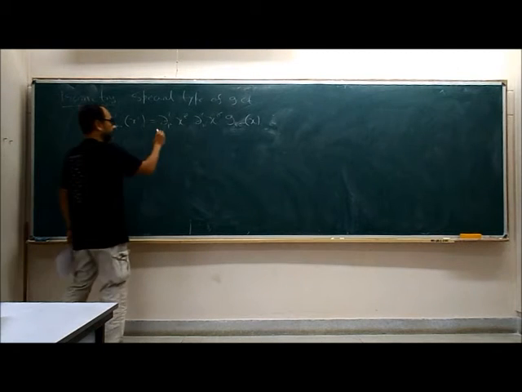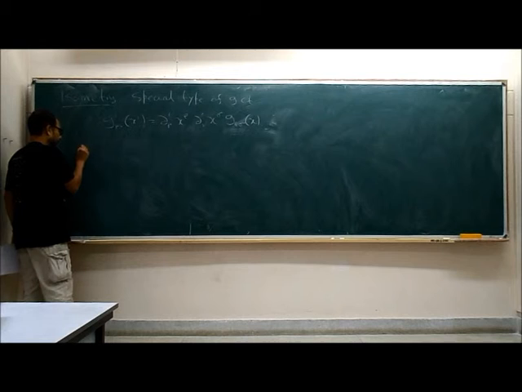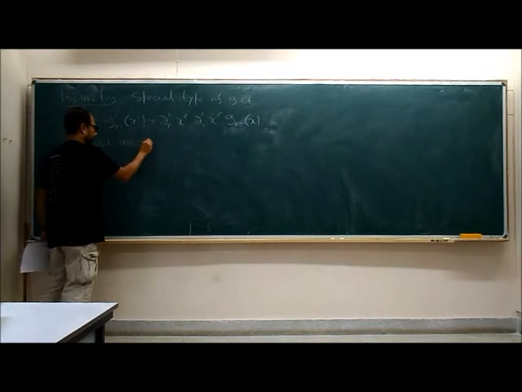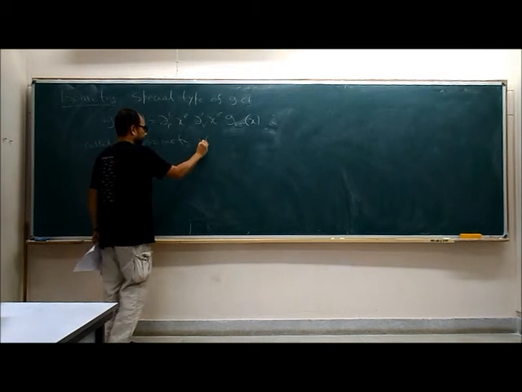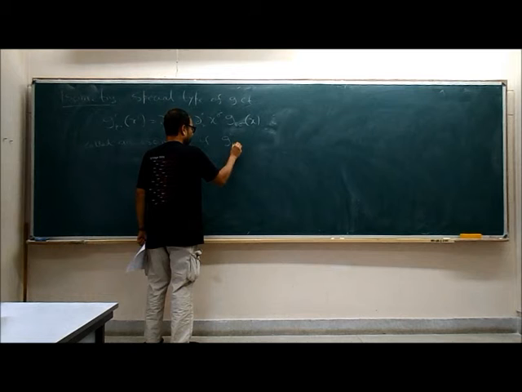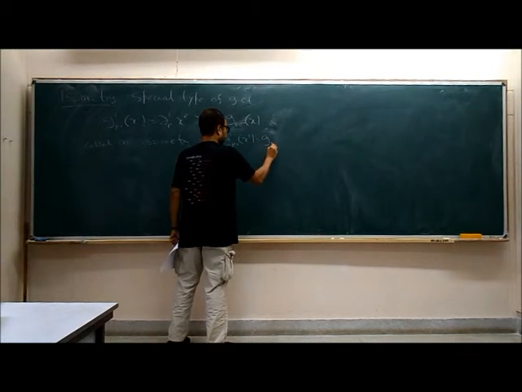A particular general coordinate transformation will be called an isometry if G prime mu nu of x prime is G mu nu of x prime.